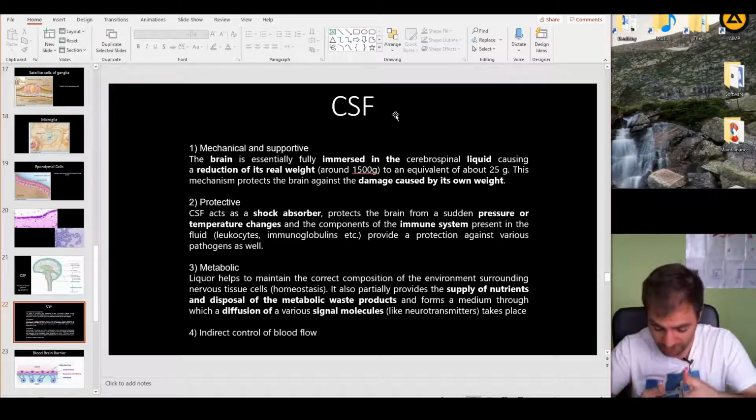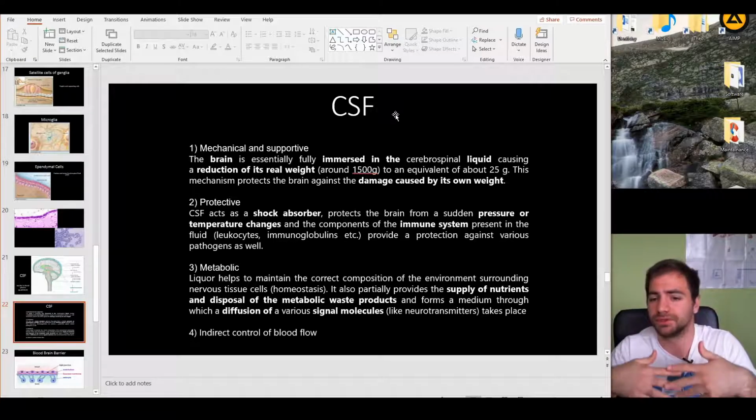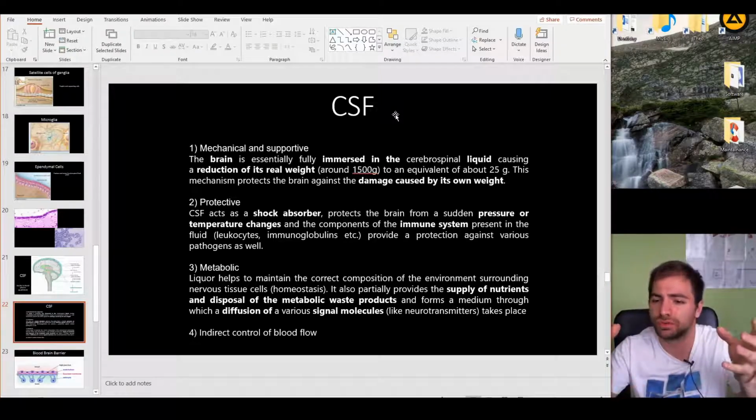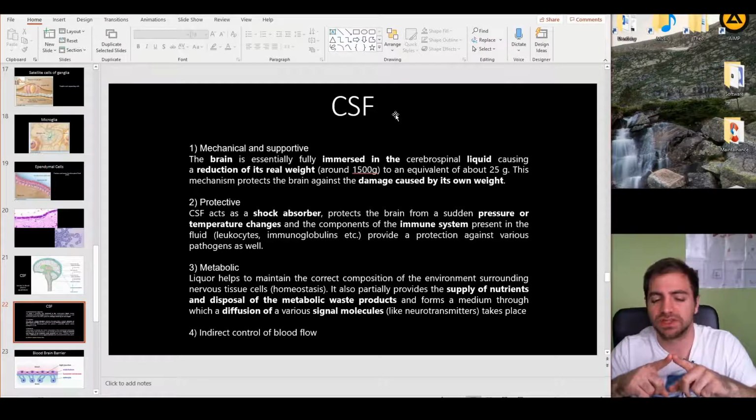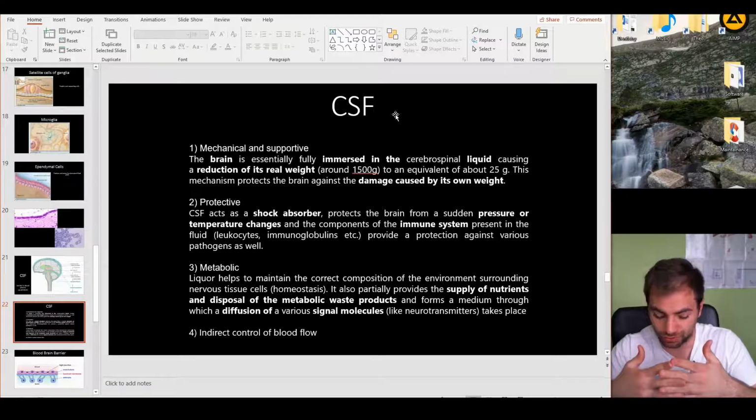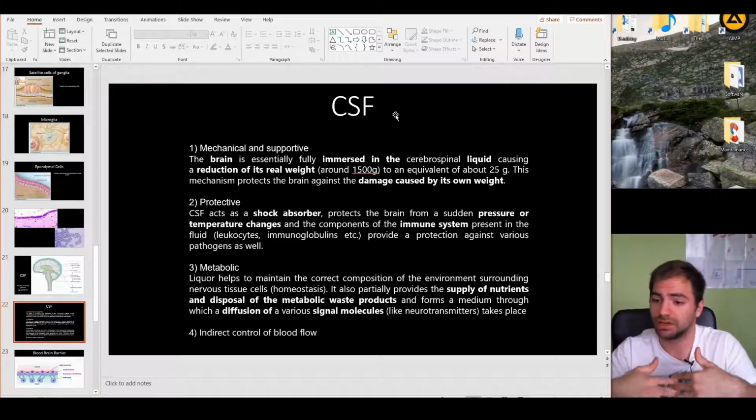Of course, it also works as a shock absorber, because it protects the brain from sudden pressure or temperature changes. Also, we find components of the immune system inside, and this is important. Why? Because in order to take a sample from the brain and discuss whether it's an infection, a meningitis, or any infection in the CNS, one very good way is to take a small sample of the CSF.